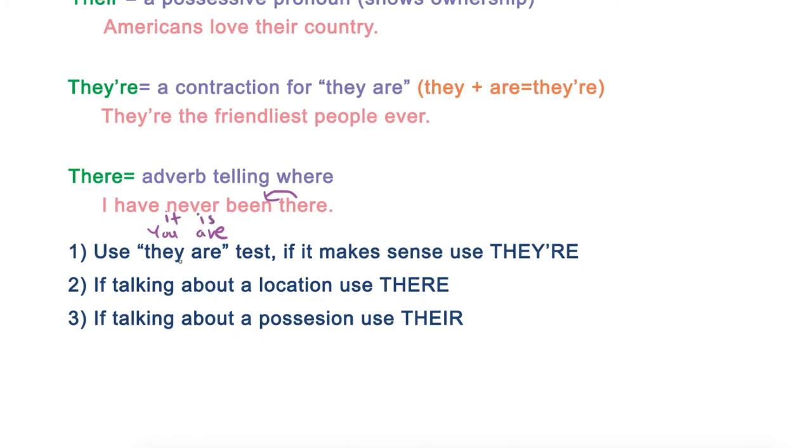We also have a they are test to see if I can use they apostrophe re. So in the blank, use they are, and if it makes sense, use they're. If it doesn't make sense, then you go to the next step, number two. If talking about a location, use there. If the sentence is not talking about a location, you go to the last step. If it's talking about possession, use their. If it's talking about someone owning something, you would use this form of there.